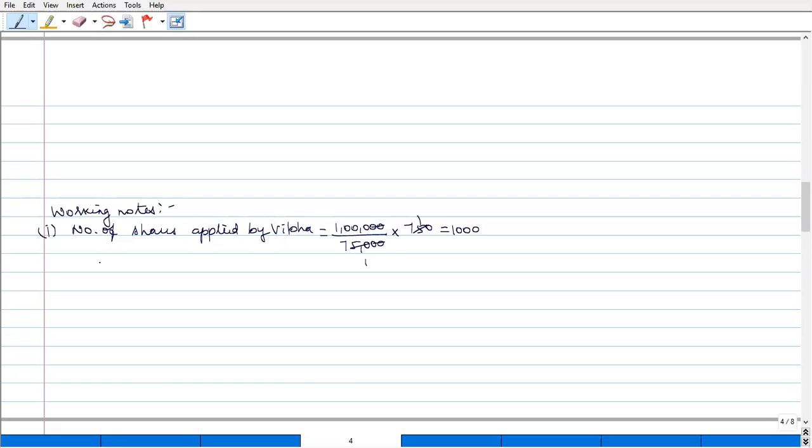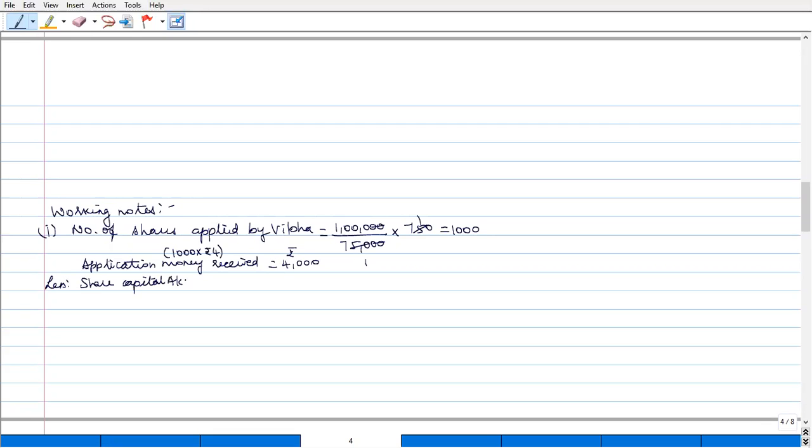So now we'll see how much is the application money received. She has applied 1,000 shares and we have collected rupees 4 per share on application. Okay, so she has paid 4,000. Now how much is allotted to her, or how much is transferred to share capital account?